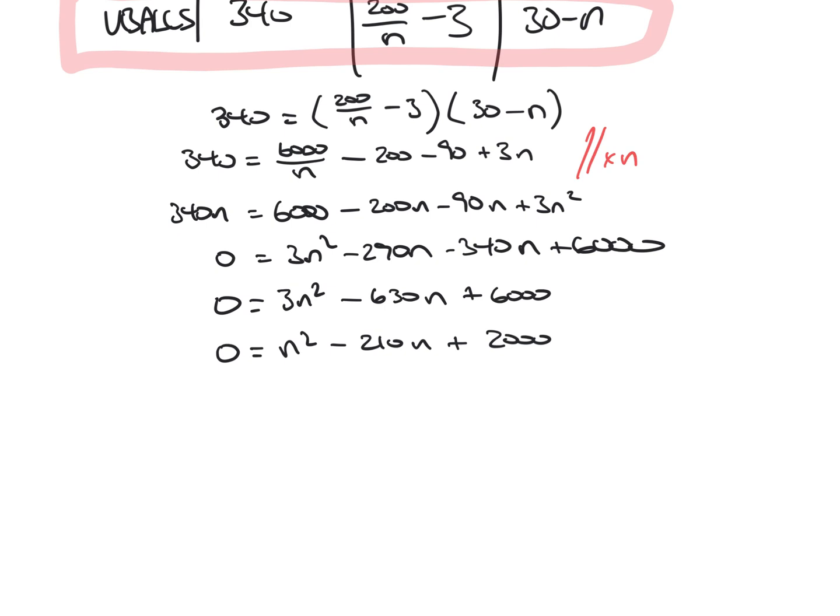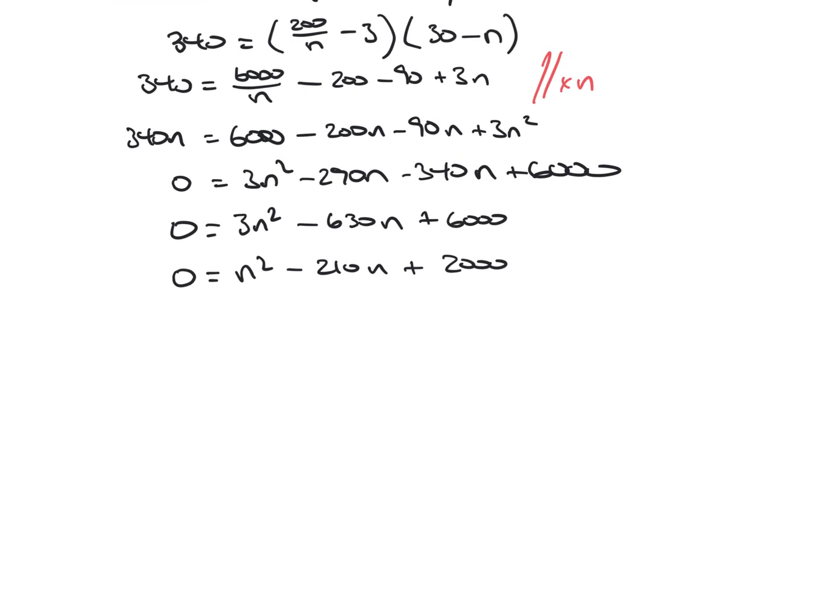Again, if you could factor this, you'd be off to the races. If you can't factor it, that's okay. If you don't want to factor it, that's okay. That's what the quadratic formula is for. So N is going to equal minus b, so that's 210, plus or minus the square root of minus 210 squared minus 4 times 1 times 2,000, all over 2 times 1.